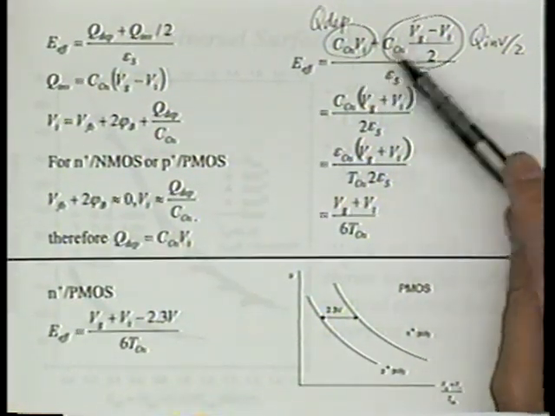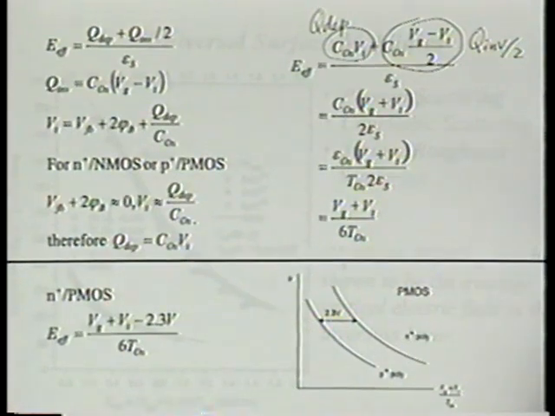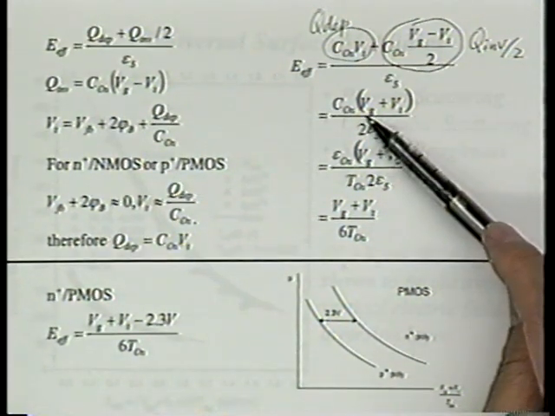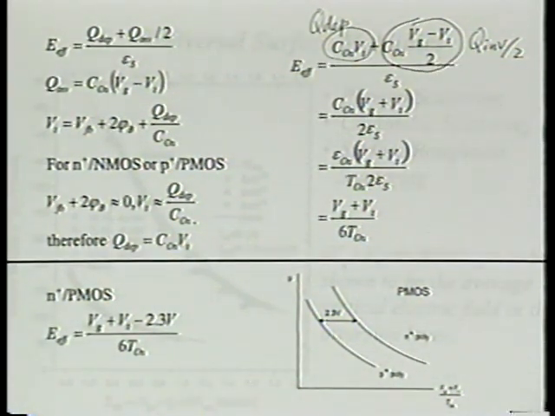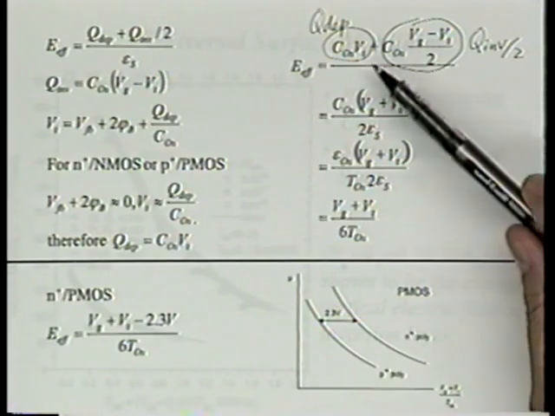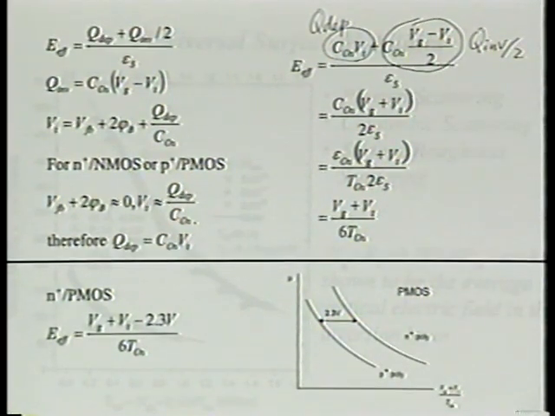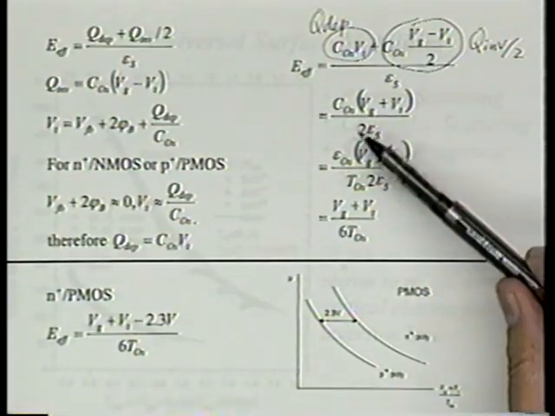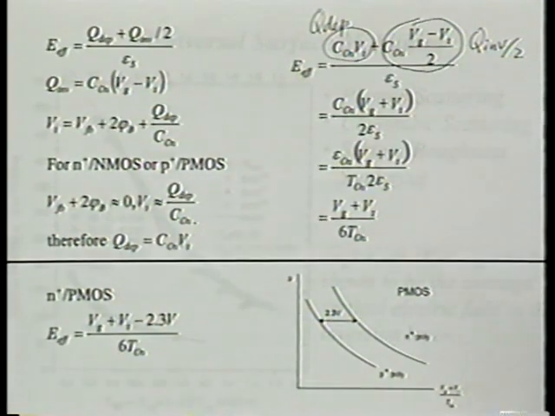You collect the common terms. They all have Cox, so you take it outside. Inside the parentheses, what do you get? 1/2 of VG plus 1/2 of VT. Is that right? So VG plus VT over 2. You see that? It's okay?